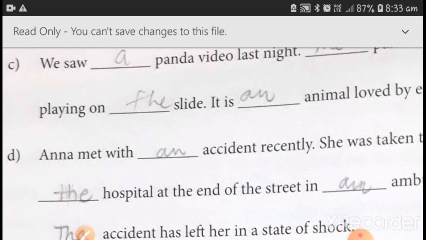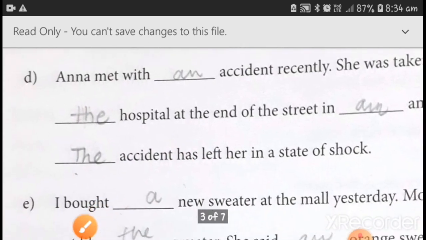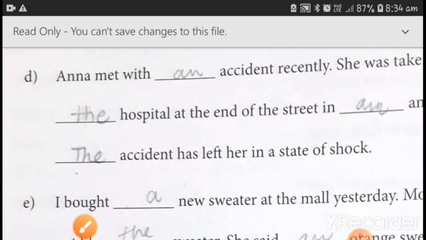Where we have to use the, here, if we are talking about the slide, means here the speaker and listener both know very well about which slide we are talking about. So, before that also we have to use the article. It is an animal. You know, this is a vowel. Yes or no? A is a vowel. Loved by everyone. Now, what is the D?